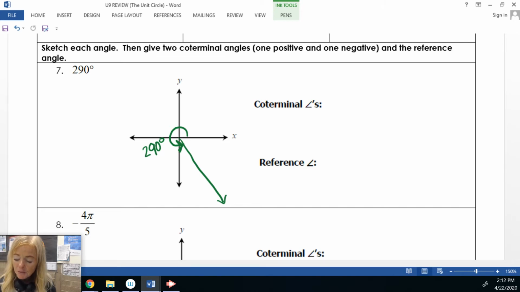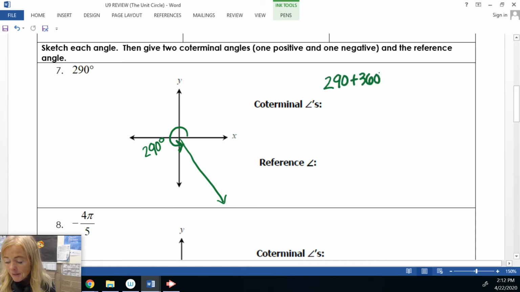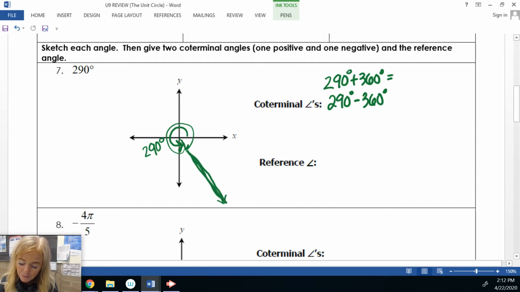To find our coterminal angles, we take 290 and add 360, and we take 290 and subtract 360 in degrees, and that will give us our two coterminal angles. That means we're just rotating around again and ending up right there, so it ends up coterminal, meaning same ending, or we're going the other way in the negative direction.